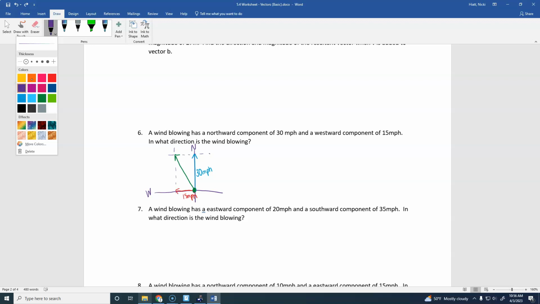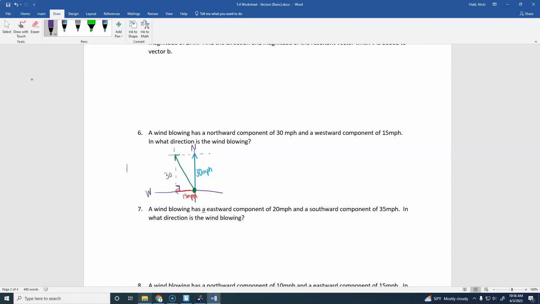If I wanted to, it would be very simple to do, because if this side is 15 and this side right here is 30, we would know these would both be right triangles. You've got two sides. It's just a squared plus b squared equals c squared, because that's a right angle. So that would just give you the speed if you needed to find it, but it didn't ask us for that for this problem. It asked us for the angle, or the direction.